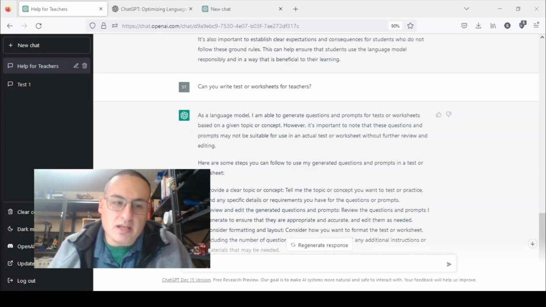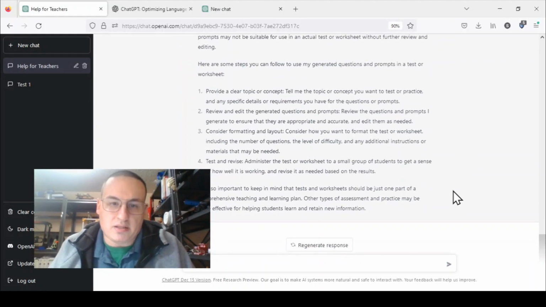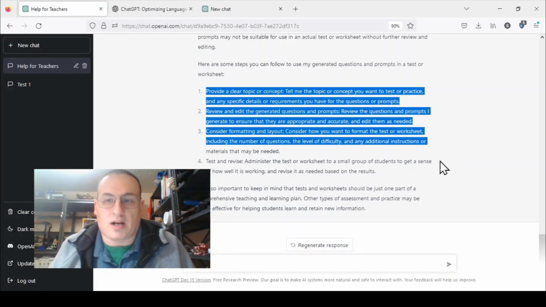So when I asked ChatGPT about test questions, it gave the following advice. Provide a clear topic or concept and tell me the topic or concept you want to practice. Review and edit the generated questions and consider formatting and layout, including the number of questions, difficulty, and other instructions.